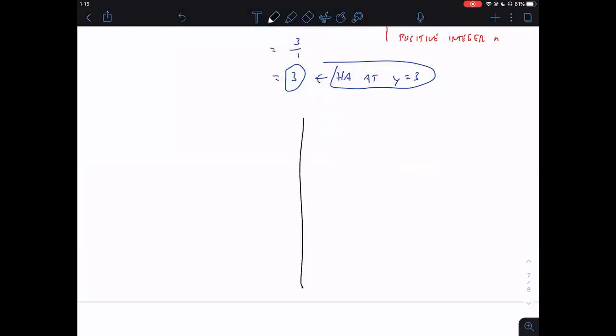Based on the pattern that we found for this function f of x, let me draw these two lines again. Doesn't look straight to me.